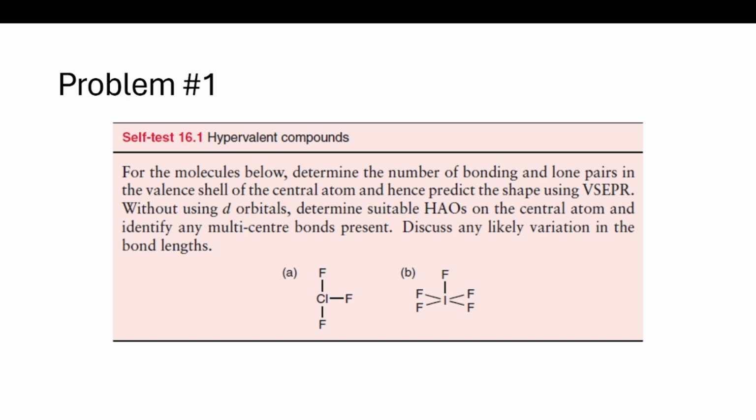Multi-center just means that you have two electrons spread out over a bunch of atoms instead of being bonded between two atoms. To make it a bit easier on y'all, I'll give you a chance to do part A of this problem. Alright, y'all got like 1 minute.